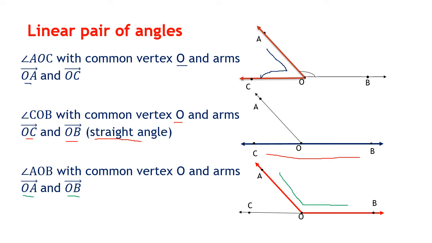Now if you see clearly, then angle AOC and angle AOB are adjacent angles. Why are they adjacent angles? Can you understand? Can you remember?